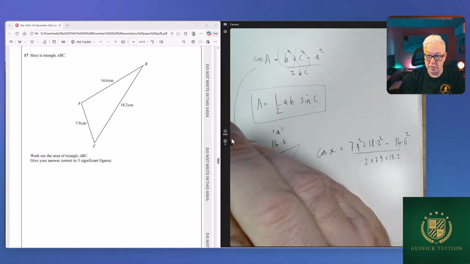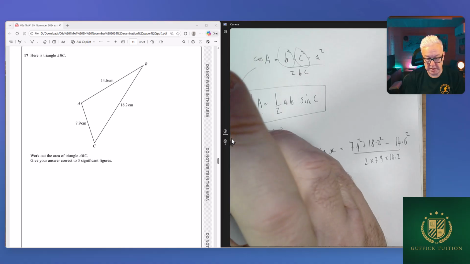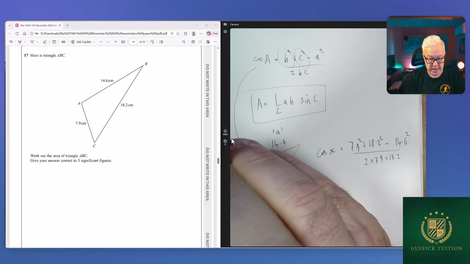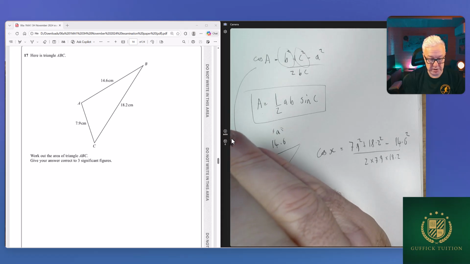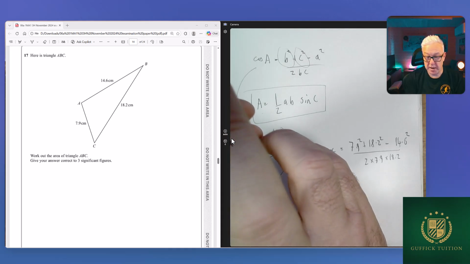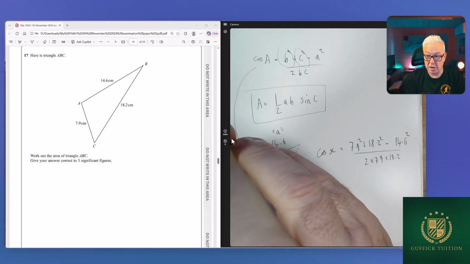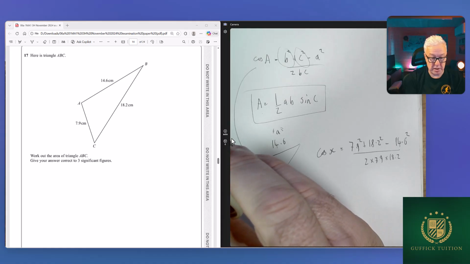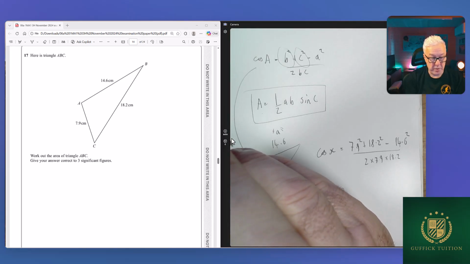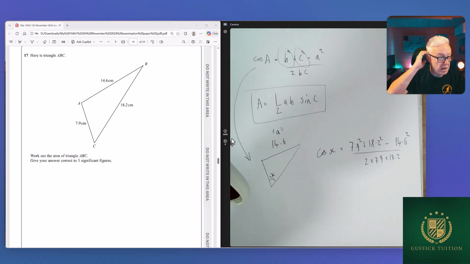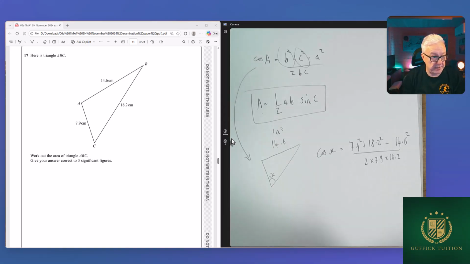So first of all, we're going to work out 7.9 squared plus 18.2 squared minus 14.6 squared over 2 times 7.9 times 18.2. And we work that out. That gives us 0.62766.